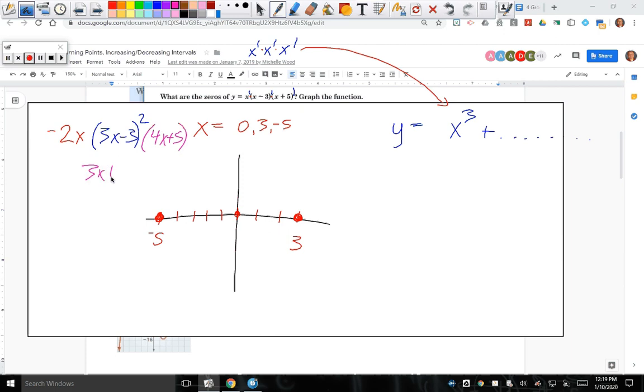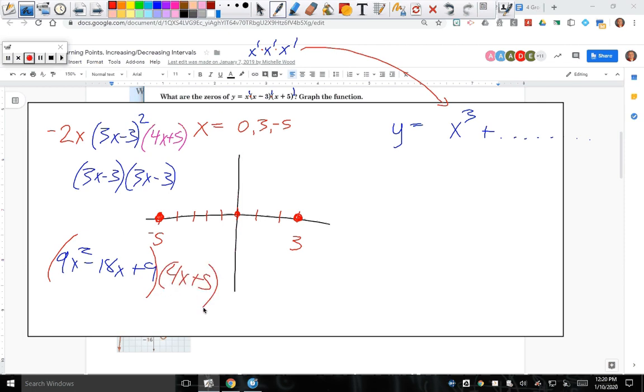Oops, let me color coordinate it so you don't get confused. Come on, computer. You would have to do this. Okay? So you would get 9x squared minus 18x plus 9. Then you would distribute this on 4x plus 5. Distribute, distribute, distribute, add them all up, put parentheses, and finally you'd have to distribute negative 2x.